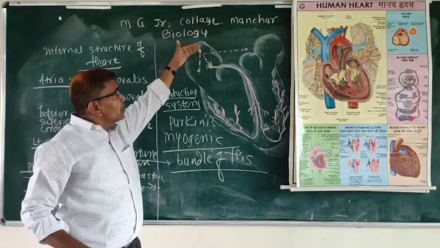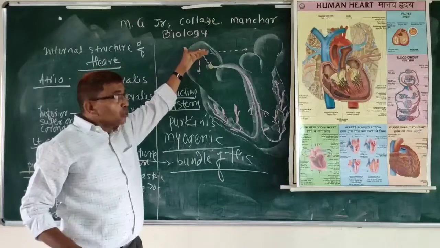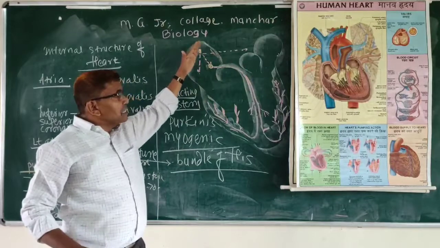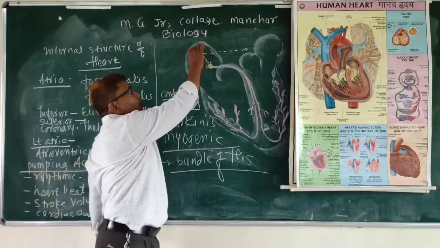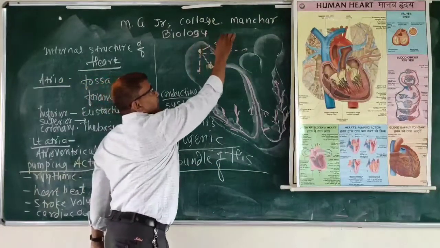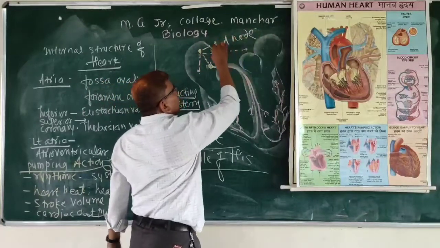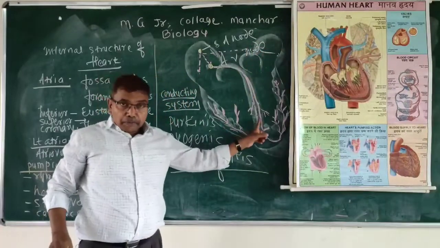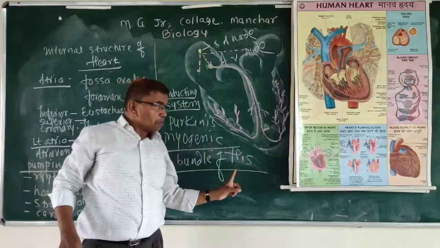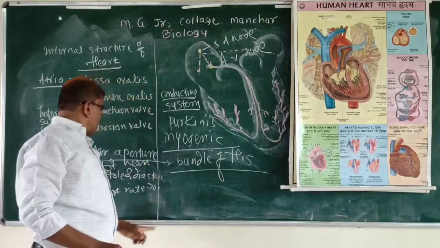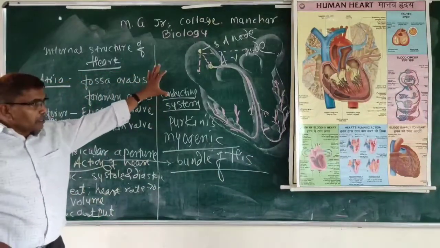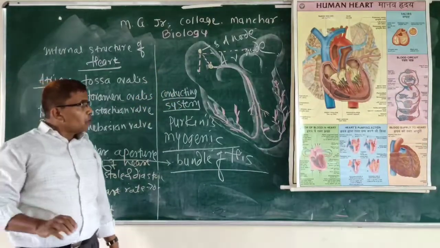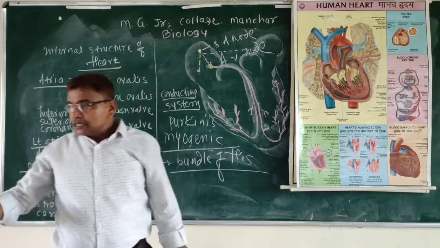In this way the conducting system activates, and the impulse is carried with the help of these 4 tissues: the SA node, AV node, Purkinje fibers and bundle of His, which help in the conduction of the wave in the wall.